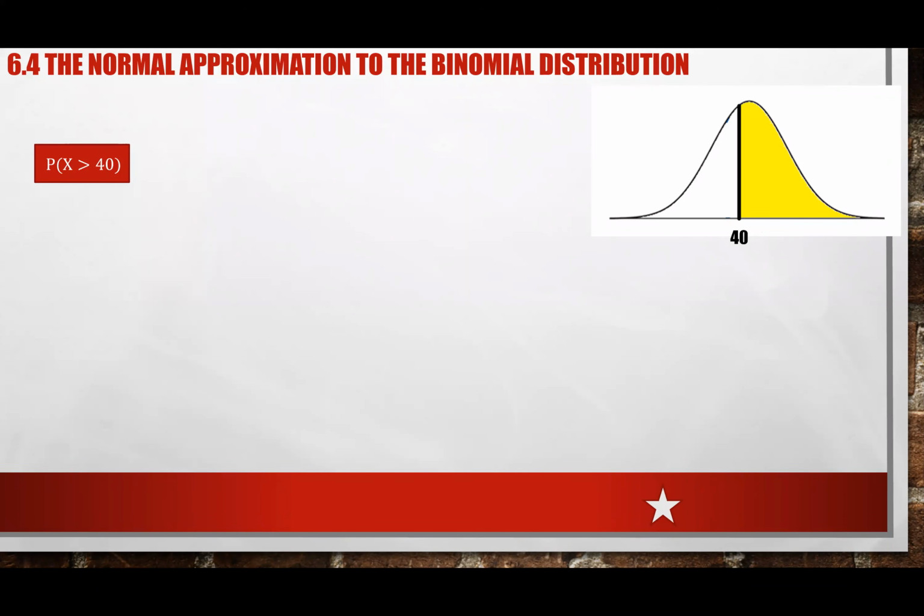Am I looking for the area to the left, or am I looking for the area to the right? In this case, I'm looking for the area to the right of 40. Now, do I include the 40? Hopefully you say we don't include the 40. If we don't include the 40, meaning we want to make this area smaller.